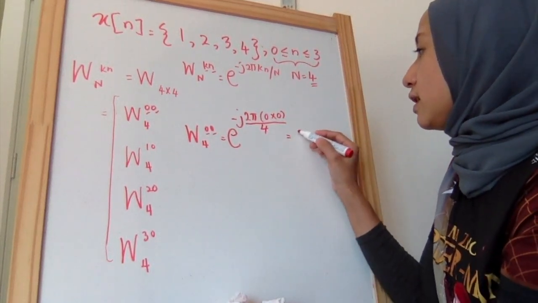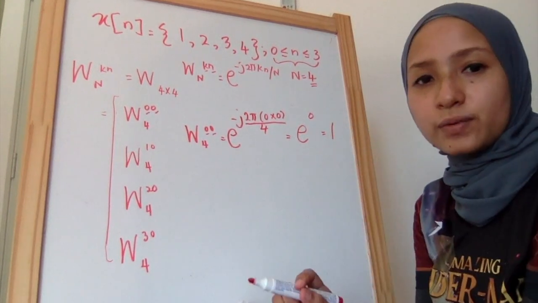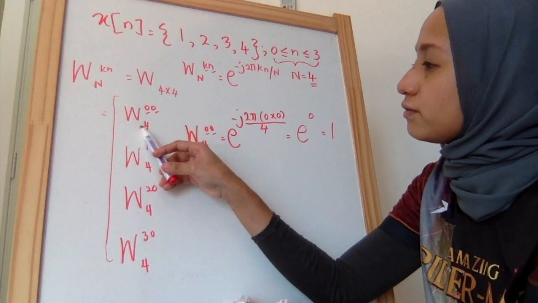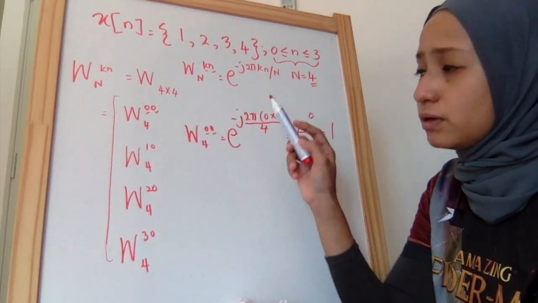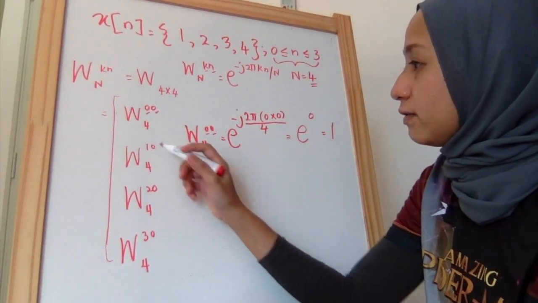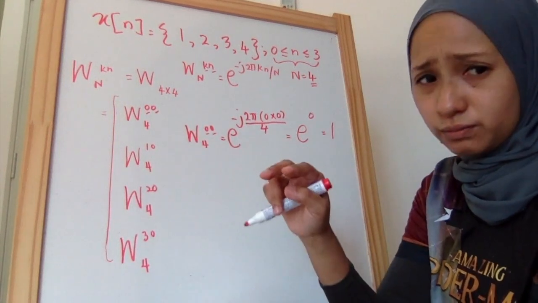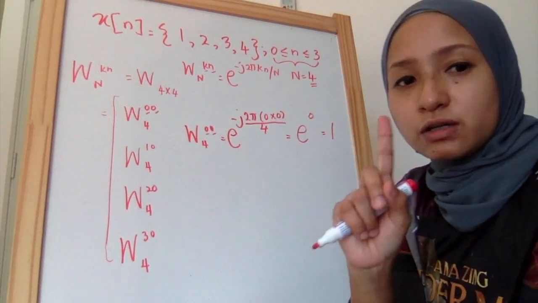So this is exponent 0, and exponent 0 is 1. So for the first column and first row, all the values are equal to 1. Why? Because you have 0 times 1 is 0, 0 times 2 is 0. That's why in the first column and first row, the value is always 1.